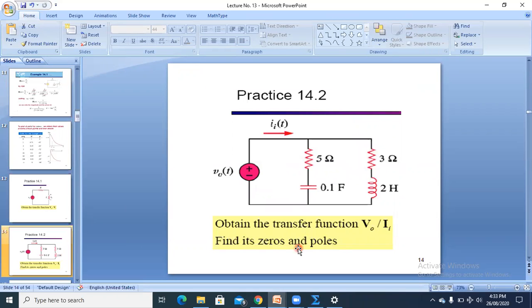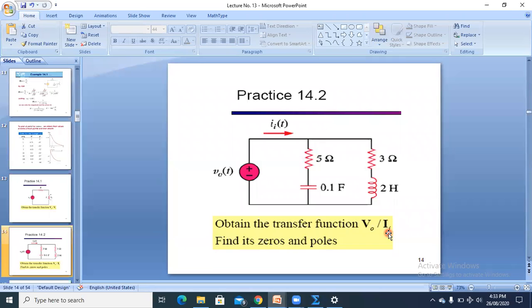And I'll give you how you can find the values of zeros and poles with the transfer function V naught by I. This is the output voltage to the input current.